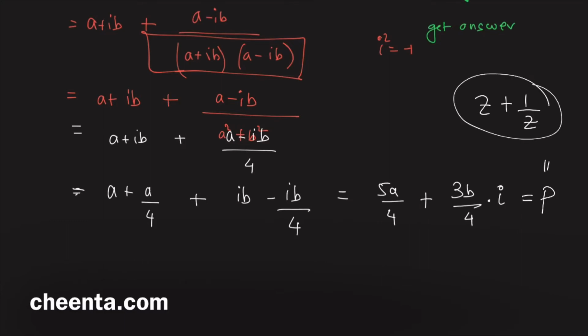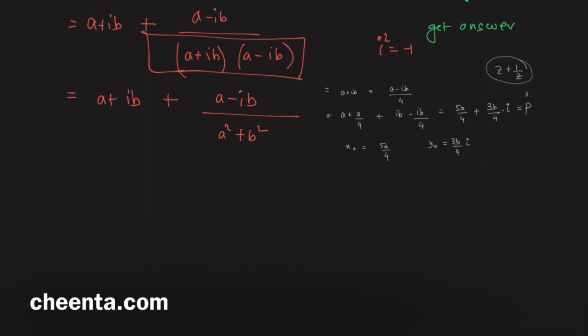Okay, so now what should we do with this? Well, we know that the x coordinate, let's call it x naught. For this particular thing, x naught is equal to 5a by 4 and y naught is equal to 3b by 4 times i. So what can we do with this? Well, we can do a ton of stuff. Let's keep it here.